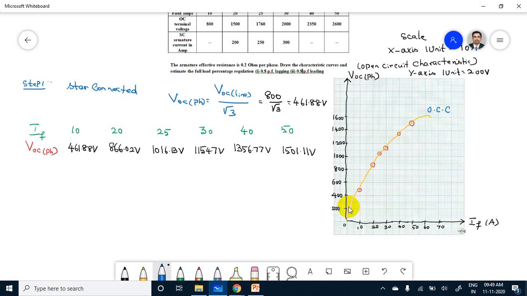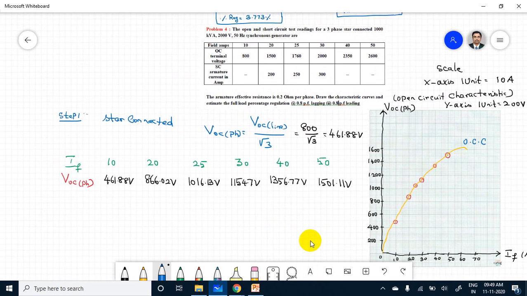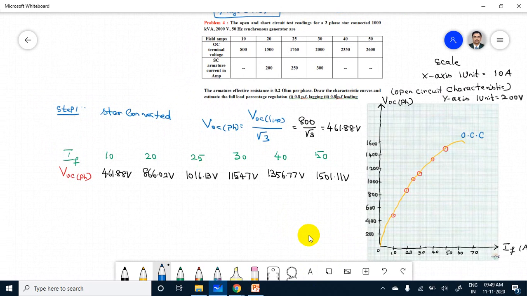Now, as per the given data from our problem, step 2. The line voltage VL equals how much? It is 2000 volt. 2000 means it is star connected.